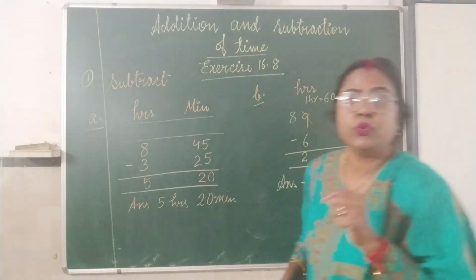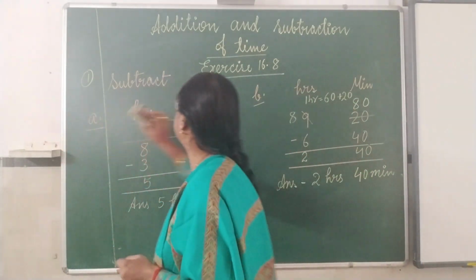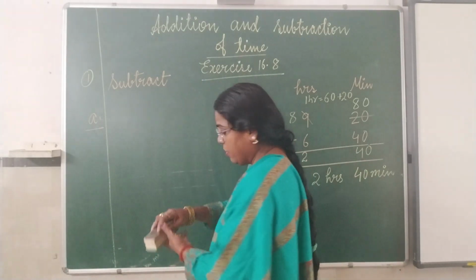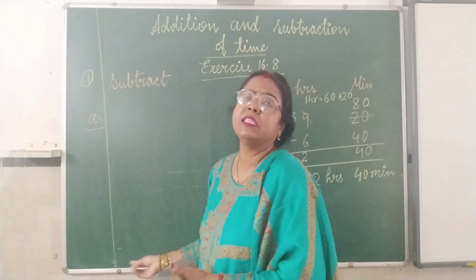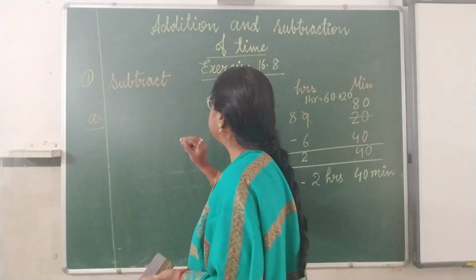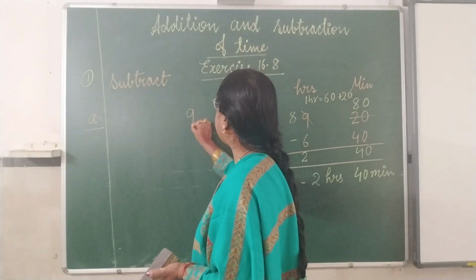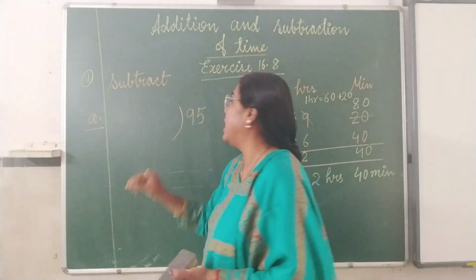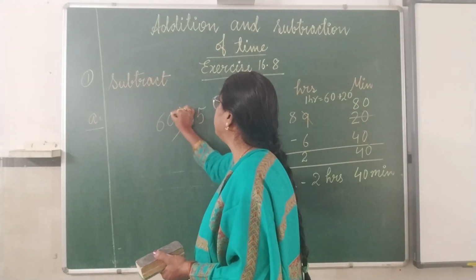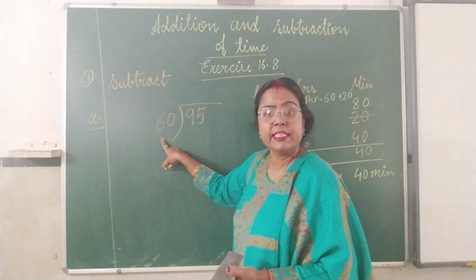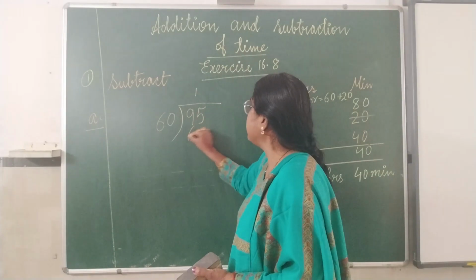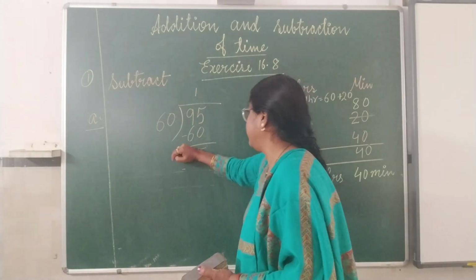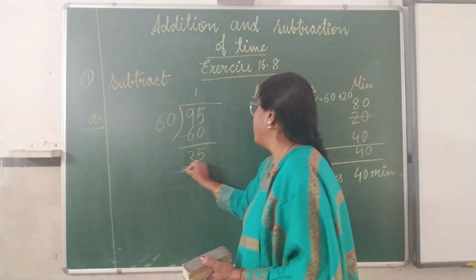There are two processes of conversion. One I already told you while doing conversion: if we have to convert from minute to hour, what are we doing? We are dividing. So the same process we are doing here also. For example, if I take 95 minutes, we have to convert it to hours. 1 hour is equal to 60 minutes, so we will divide by 60. 95 minus 60 is 35.